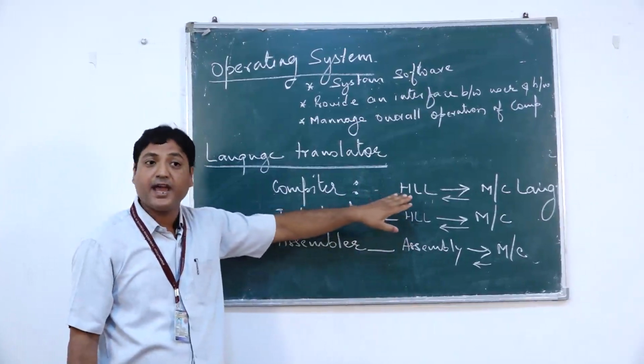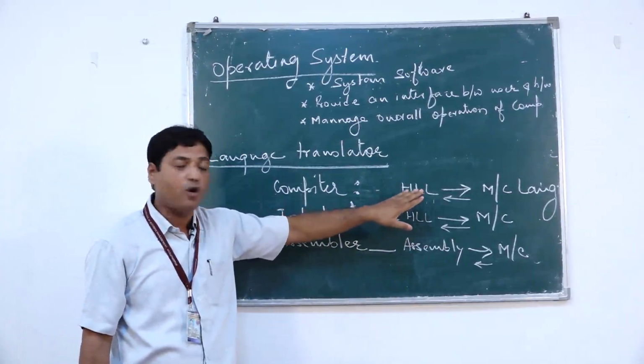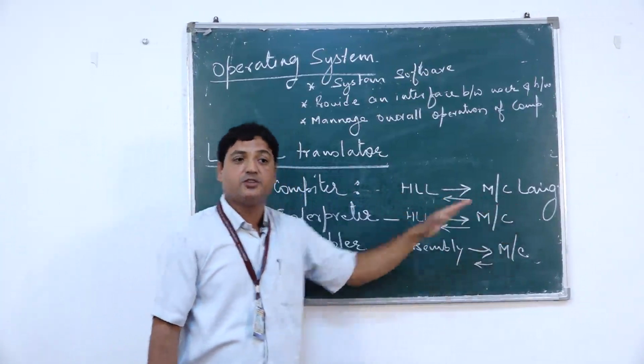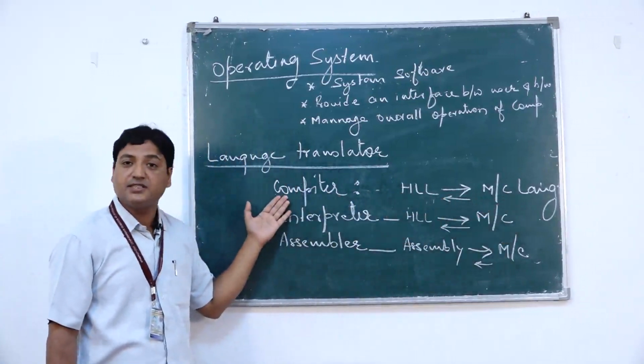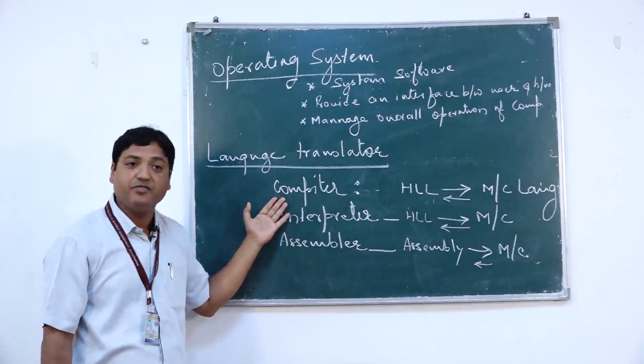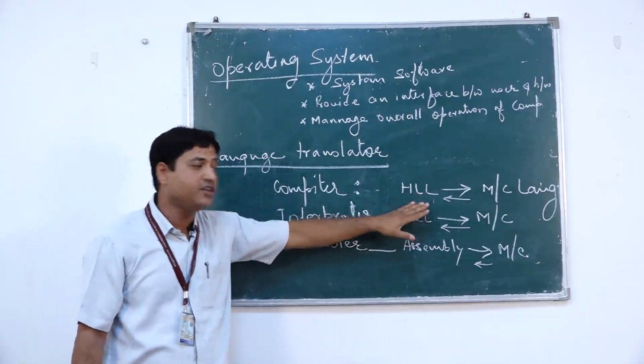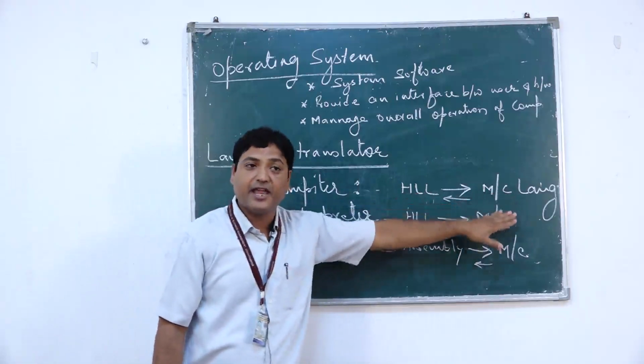And you all know that the computer understands only machine language. So a compiler is a system software which can convert high level language into machine language.